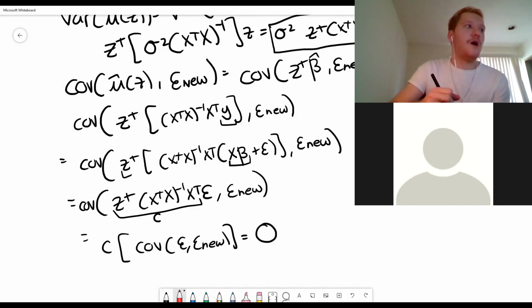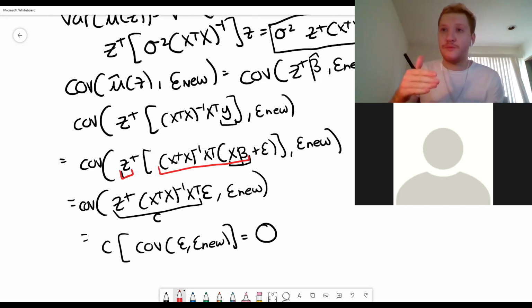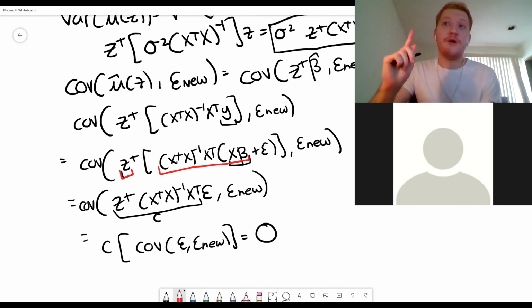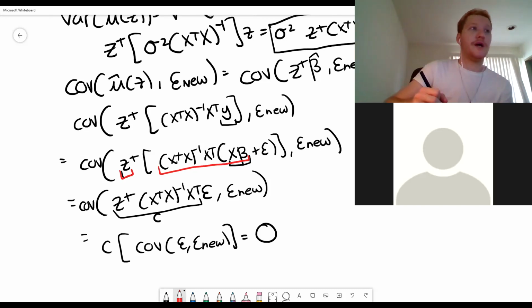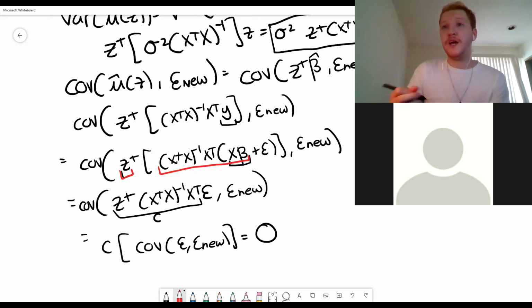Yeah, so z transpose times this whole thing here, which you're saying should be there, that's a constant, and adding a constant to a covariance doesn't affect it. Exactly. So I could have it there, it just wouldn't matter. I just deleted it. This is technically plus b, but you get rid of that because it's a covariance, so shifting by a constant doesn't matter.